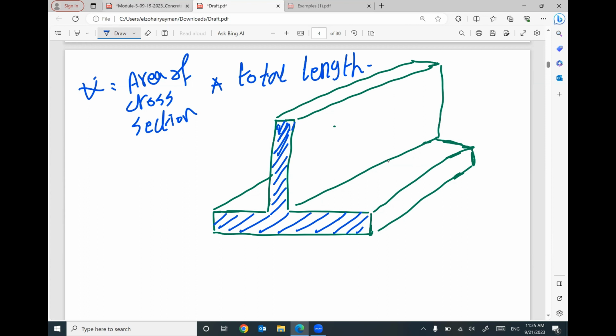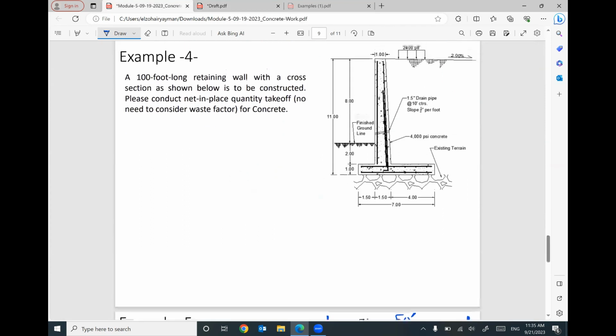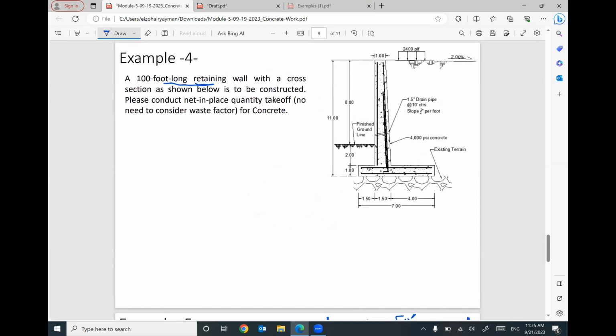We have an example here. This one. We are given a retaining wall with a total length equal 100 feet. And this retaining wall has this cross section. I don't care about anything inside this cross section. It's not our concern right now. Does that make sense? Keep in mind, these units are in feet, I believe. The width of the wall at the top is 1 feet.